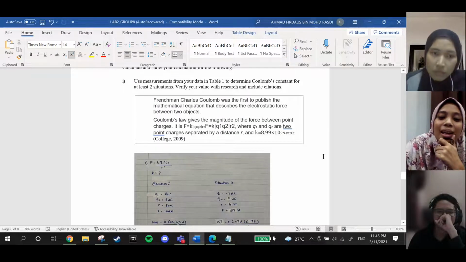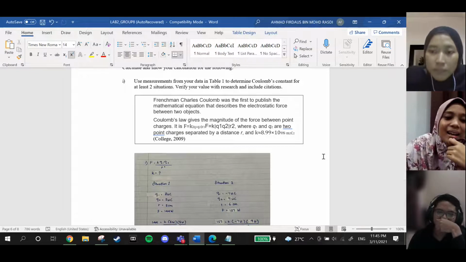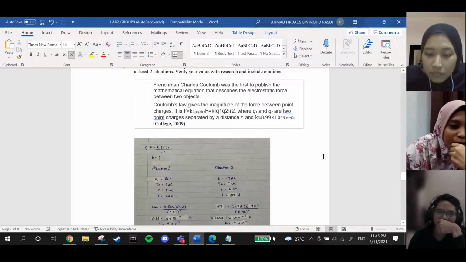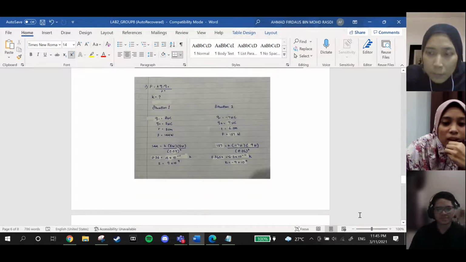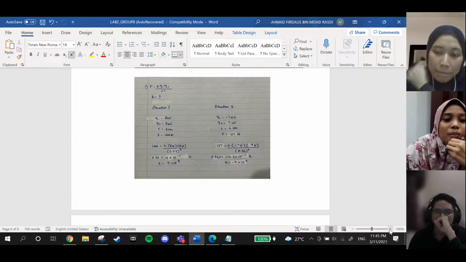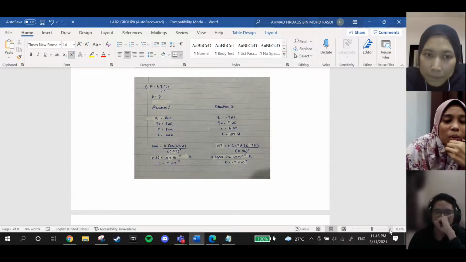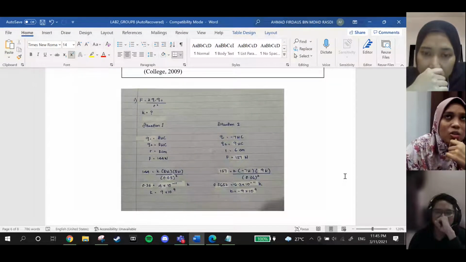Okay, so we used charges 8 micro and 5 micro. So we substitute the values and we get K. So the value of K is 9 times 10 to the power of 9, which is the constant value of the electrostatic force.